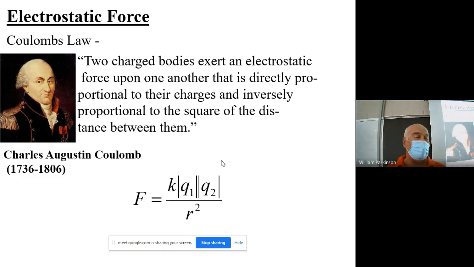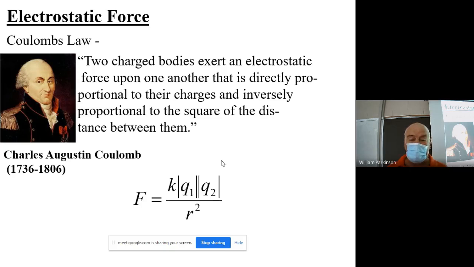So there's a magnitude associated with the amount of charge, and that is Q. Now, why are there two Q's? Because there are two charges. If they have attraction of charge 1 to charge 2, or attraction of charge 2 to charge 1, we have a push or a pull that a charged object of value Q1 will exert on a charge Q2, and vice versa.